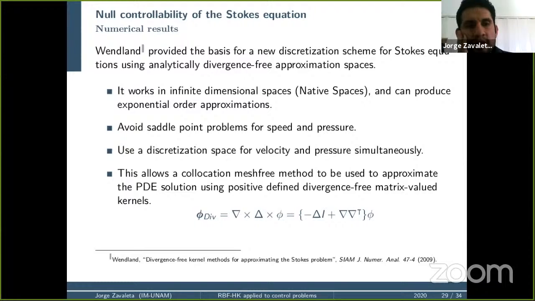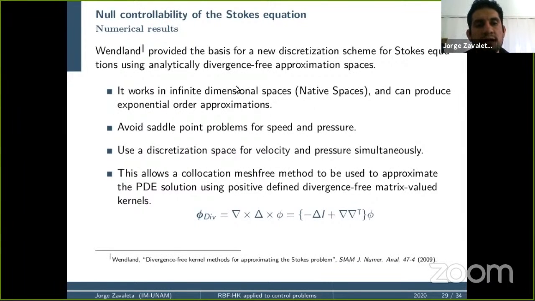Here they are using some of the results that were introduced by Wendland. This discretization scheme uses spaces of approximation that are divergence free. What does it mean? They can produce exponential order approximations, high order accuracy approximations.